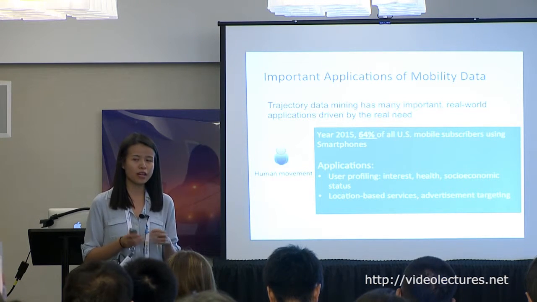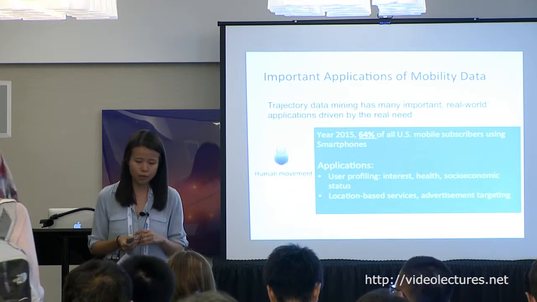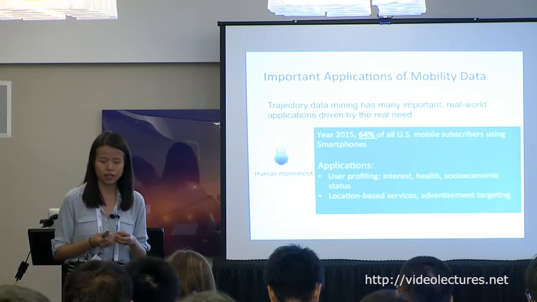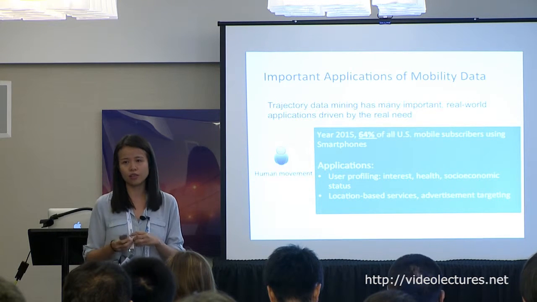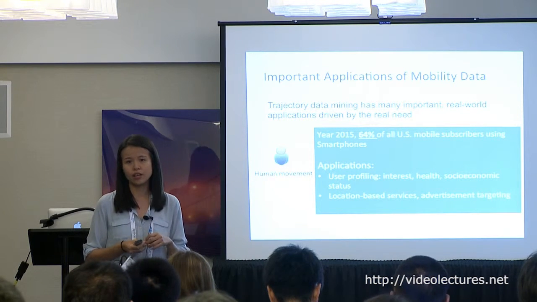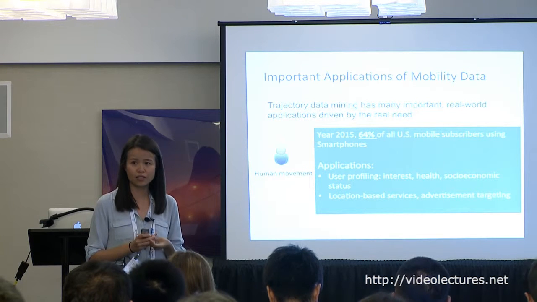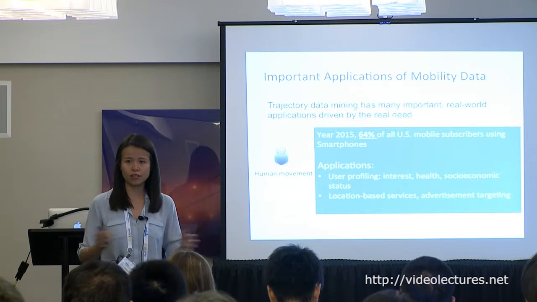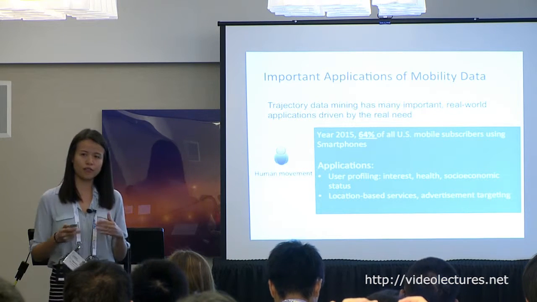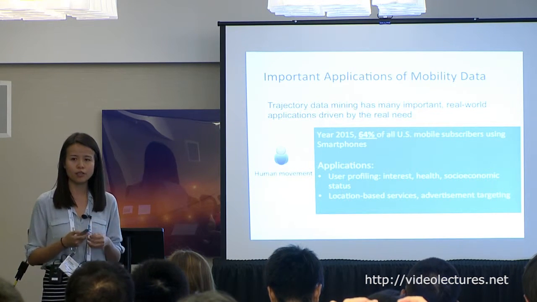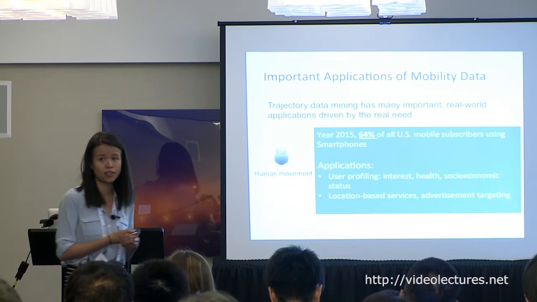That was an NIH project, and we want to see what is the correlation between the places you frequently go and your health and socioeconomic status. For example, do you frequently go to fast food, or you have no access to a very good grocery store? So that was the idea: based on your physical movement, see the correlation with your health or socioeconomic status.